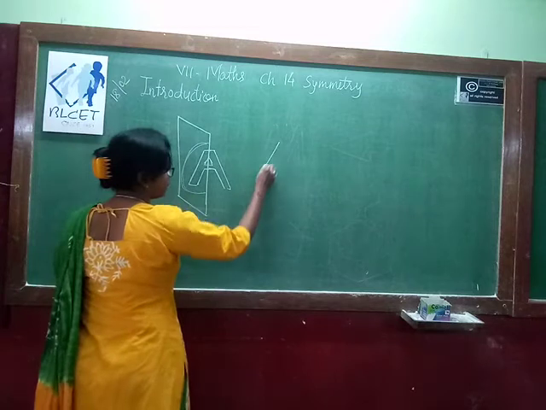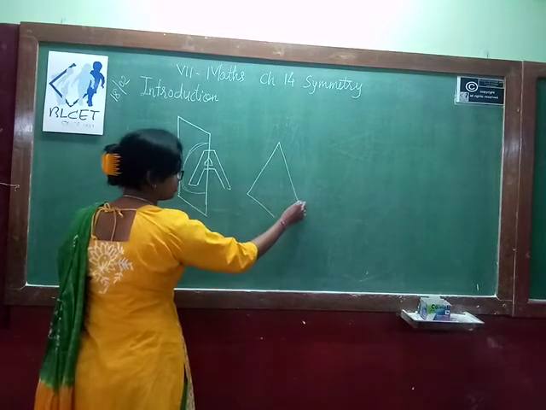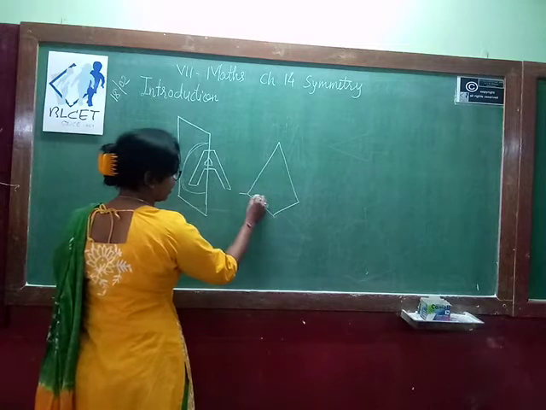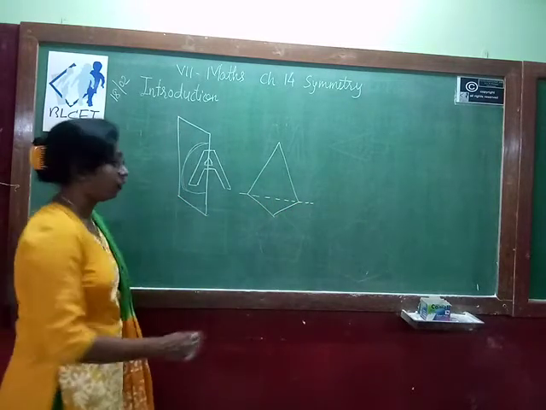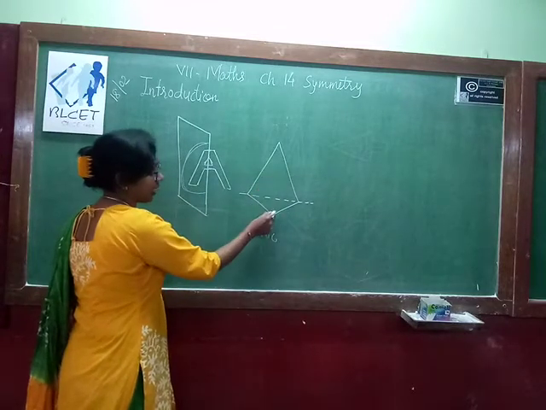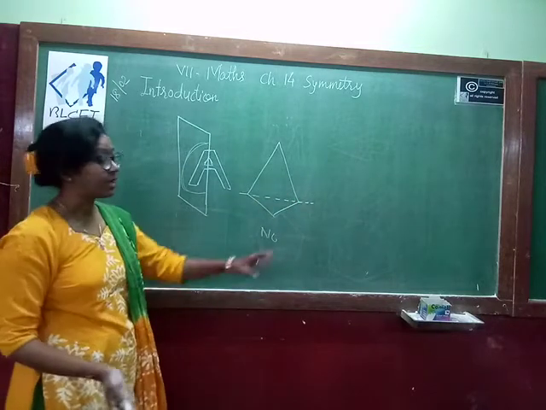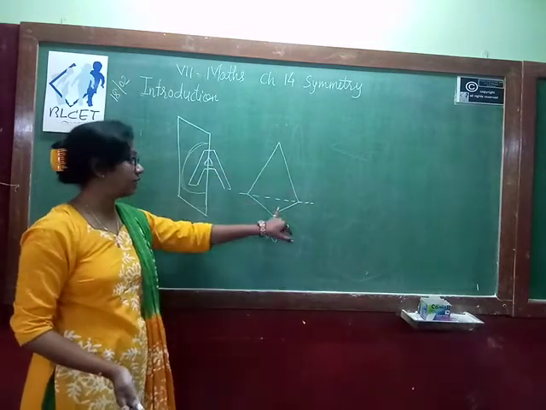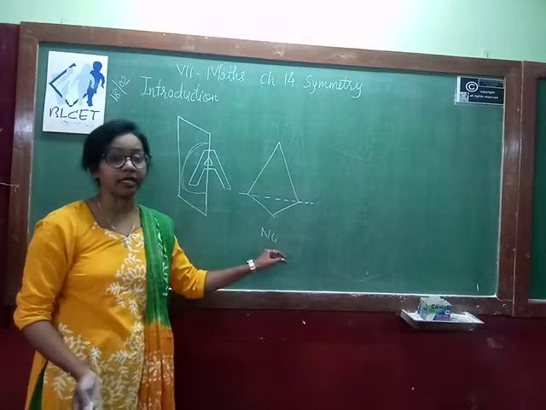Suppose you are drawing one more diagram, and when you draw the dotted line, is it your mirror line? No. Why? We are not getting the exact shape of this triangle over here. When you keep a mirror over here, the image should be the same as the object, but here we are getting a small triangle compared to this one, so this dotted line is not a mirror line.